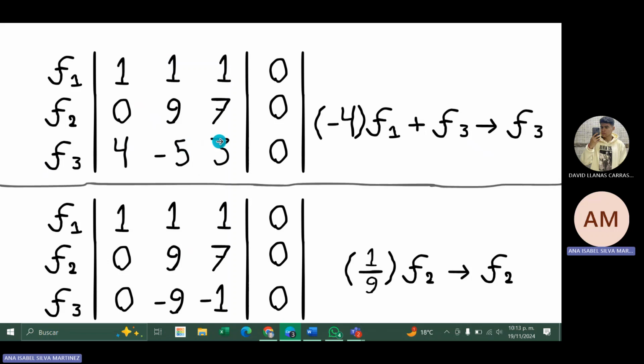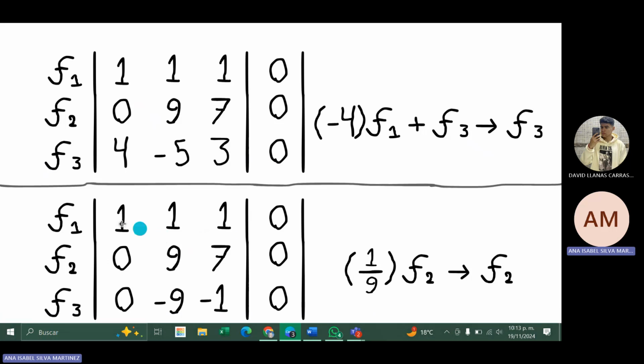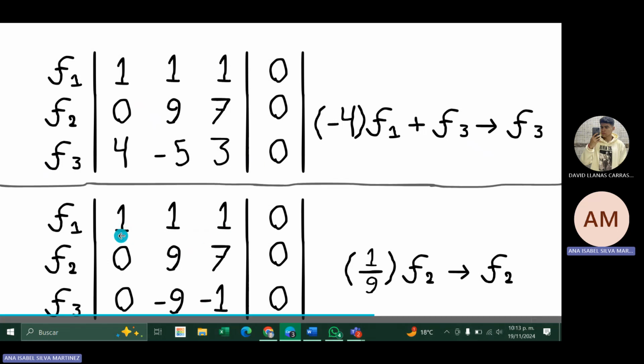Well, it could be a long procedure, but what you are searching for is that the diagonal is all 1s.